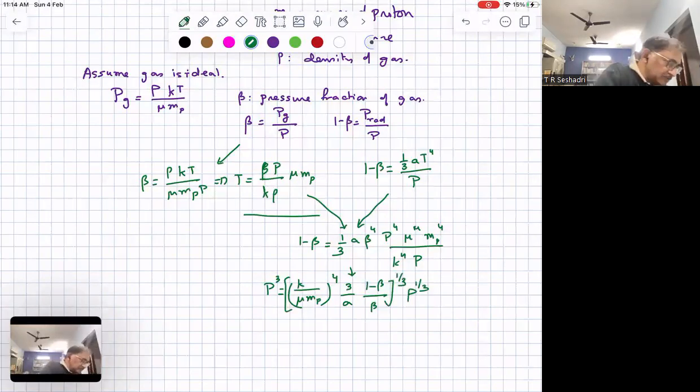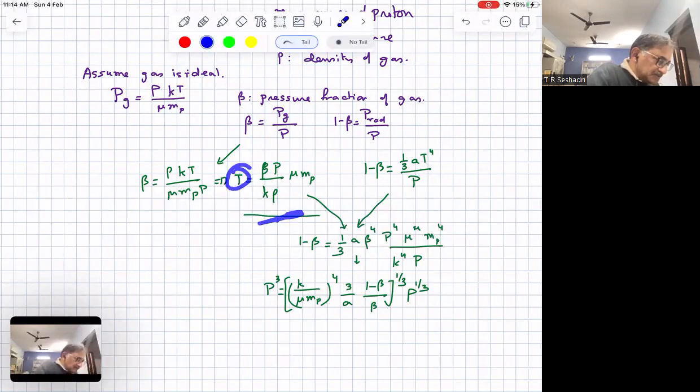I mean, you can understand this, right? I just calculate the temperature from here and substitute this temperature over here. That is why all this beta, P, everything has got a power of 4, because of this 4. Then there is a P here, which will cancel with this P to the power 4 and make it P cube, and that's how we get it.